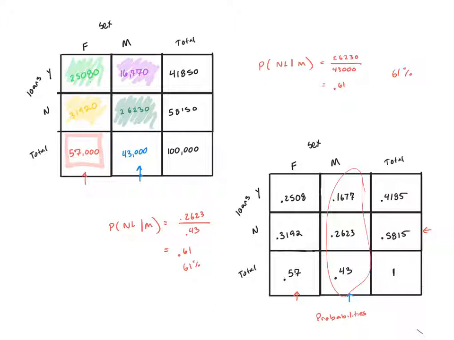Total percent who did take out loans, 0.4185. The numbers in the center here, if we choose one of them, say this number right here, tell us that out of our entire sample, 31.92% of those people were female and did not take out loans.